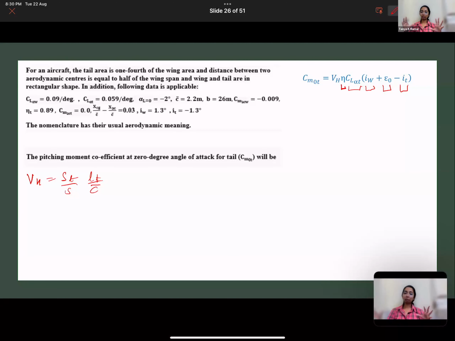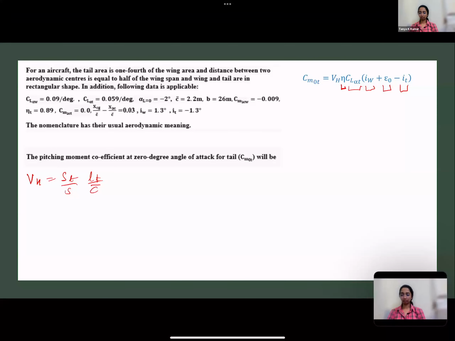Can you at least tell me what the term represents? ST is the tail area.